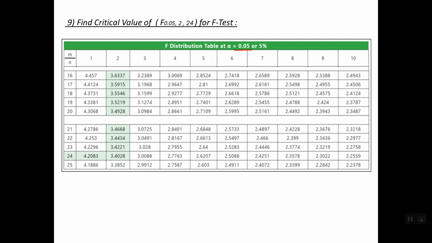In order to determine the critical value of F, we need to know three numbers. The first one is the significant level, which is already 0.05. The second one is the degree of freedom between groups. And the third one is the degree of freedom within groups.